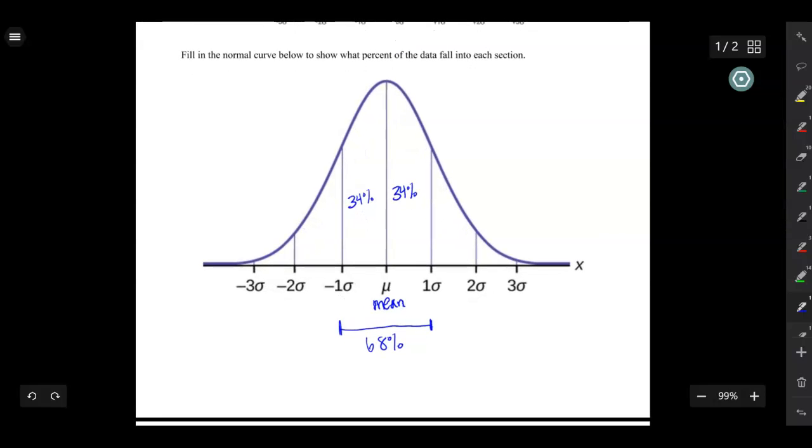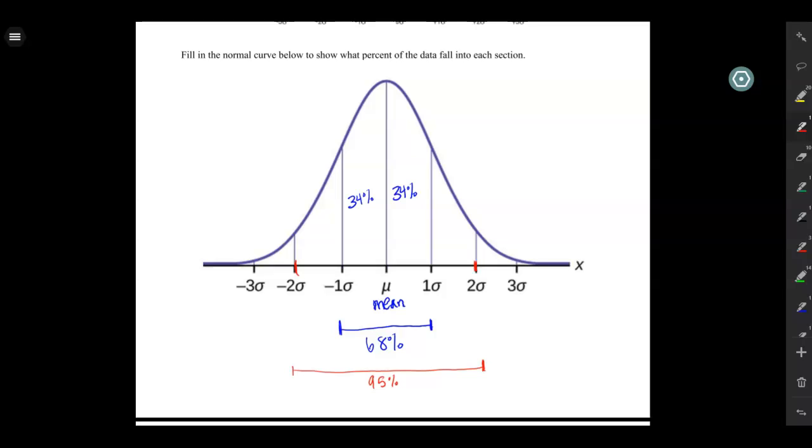Then let's look at the next step out. Let's say now I'm going to go out 2 standard deviations. I know that 95% of my data falls within that range, that red range that we just looked at. Now we've already accounted for 68% of that data that's in the middle of my graph.